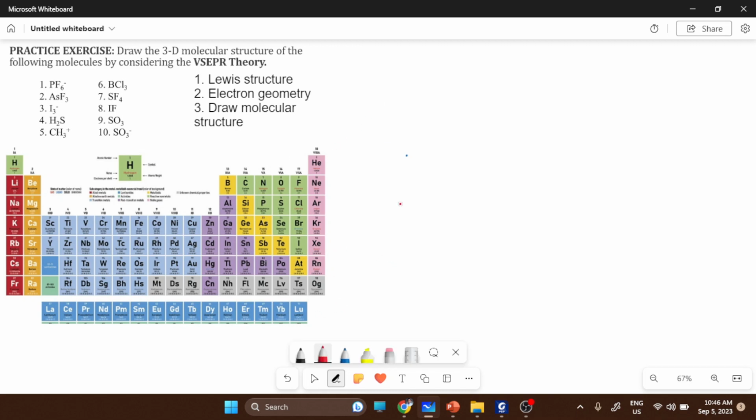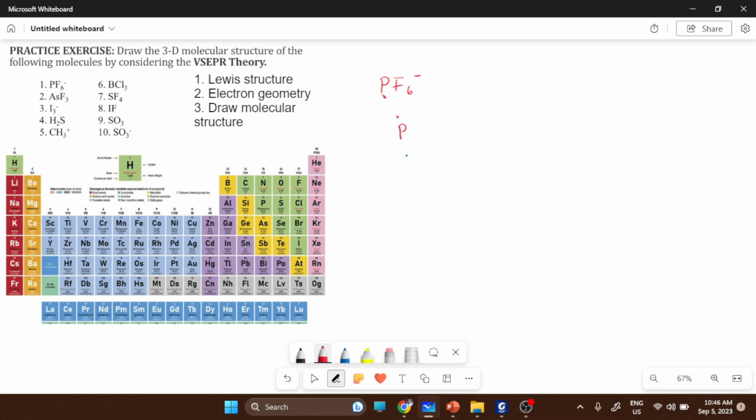Draw the Lewis structure. Now, I will not discuss thoroughly the drawing of the Lewis structure. Okay? So, phosphorus hexafluoride with a negative charge. The negative charge usually goes to our central atom, phosphorus. Why?